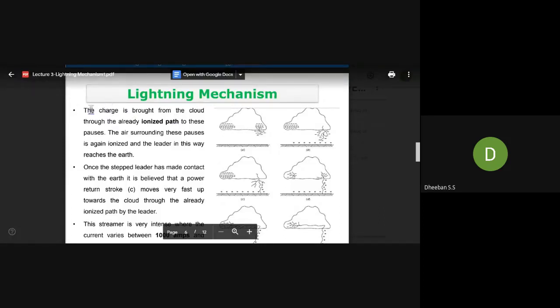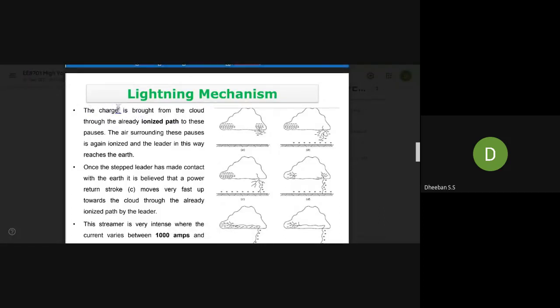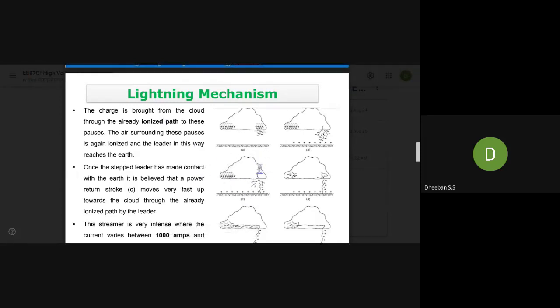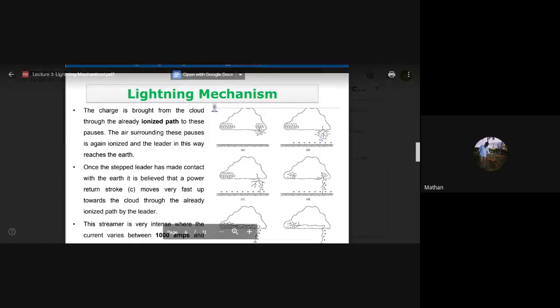Next, the charge is brought from the cloud through the already ionized path. Now you have to see through your C diagram. That is in the B diagram, the negative charges will start flowing through the leader.